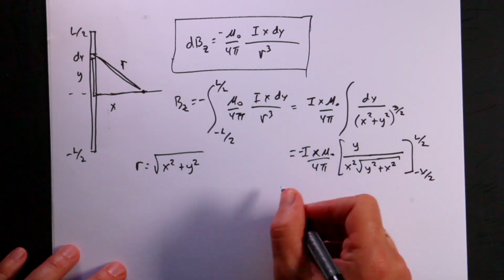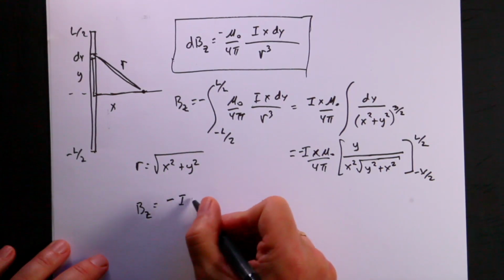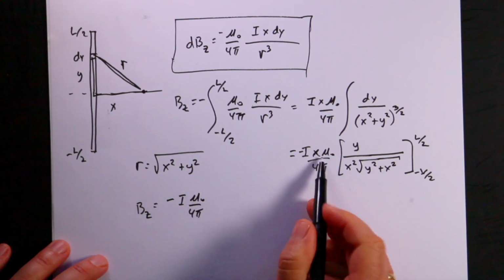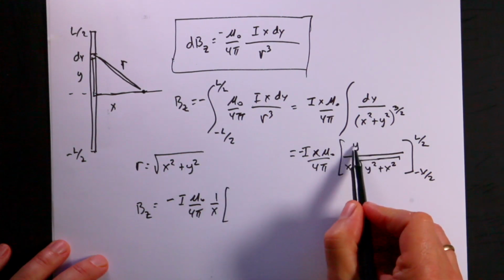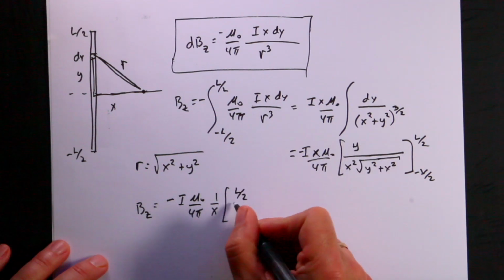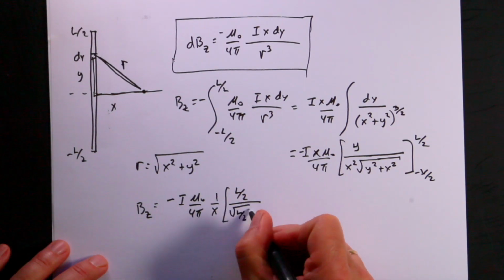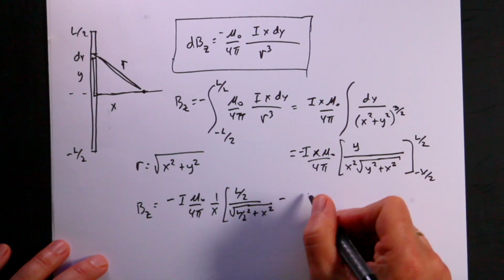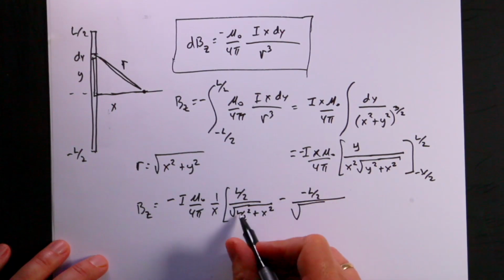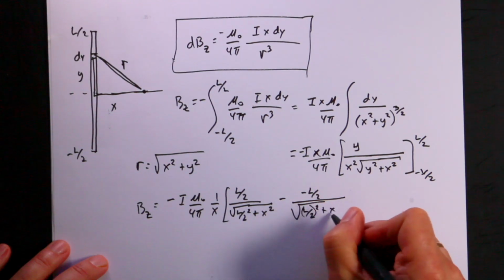So let's just factor that out, and I get BZ equals negative I mu naught over 4 pi, and then I have 1 over x, and then I'll just put in L over 2 over the square root of L over 2 squared plus x squared, minus negative L over 2 over the square root of, again, the same thing, L over 2 squared, that's parentheses, plus x squared.